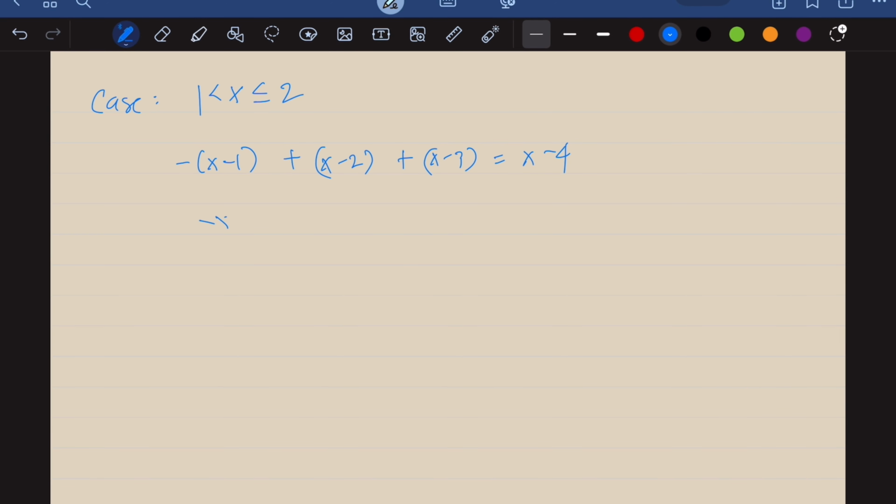Simplify this, we have negative x plus 1 plus x minus 2 plus x minus 3 is equal to x minus 4. Combine like terms on the left side, we have here negative x plus x, that's 0, plus x, that's x. Then positive 1 minus 2 minus 3 is negative 4.